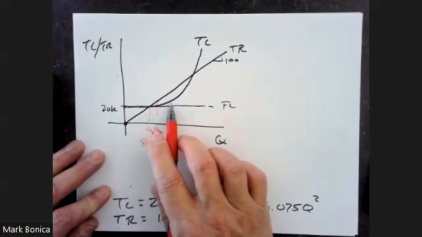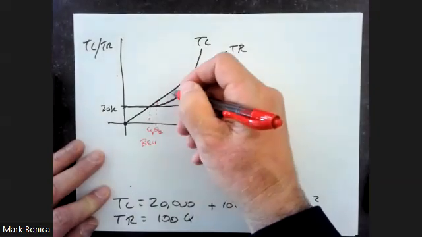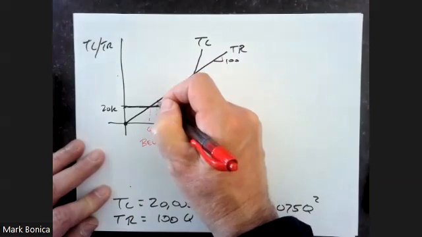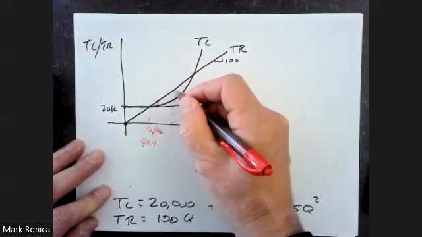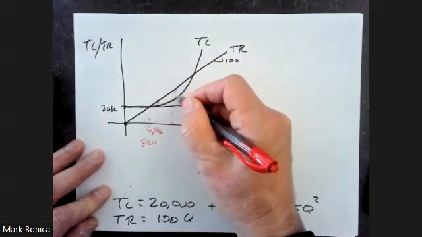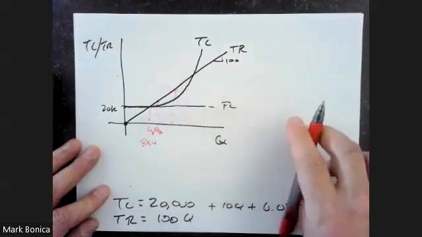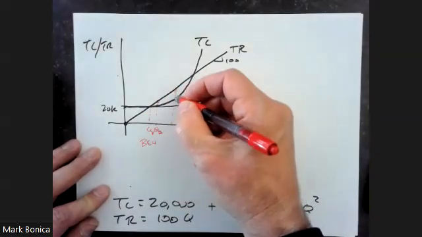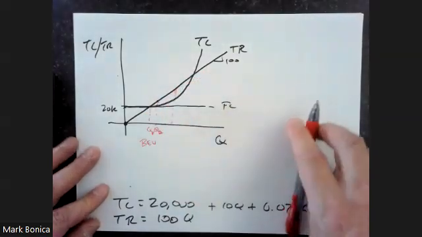As I keep going, I'm making more profit, right? Because this gap is getting wider. The gap here is not as wide as the gap here, because of this curve.